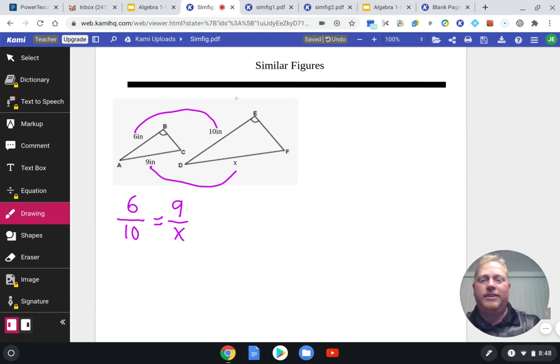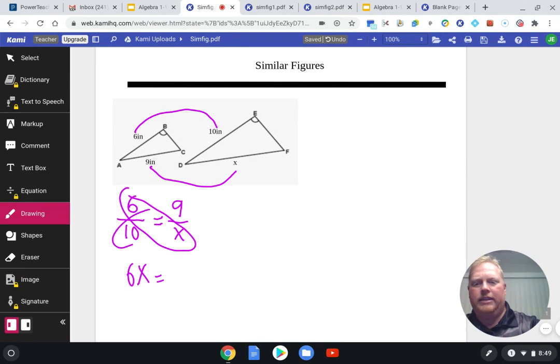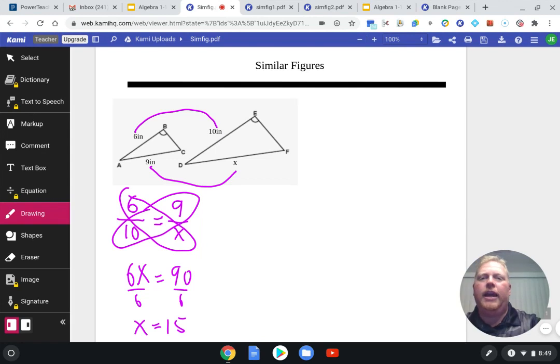Just go from one side in one shape to the corresponding side in the other shape, make one fraction, and then do the exact same thing for a different side. Let's go ahead and solve this. 6 times x equals 9 times 10, which is 90. Divide by 6 on both sides, and I get x equals 15.